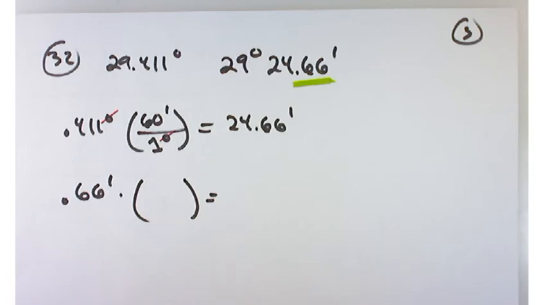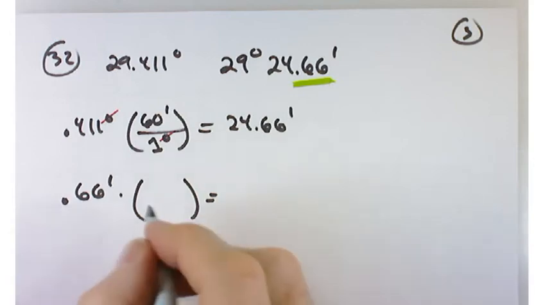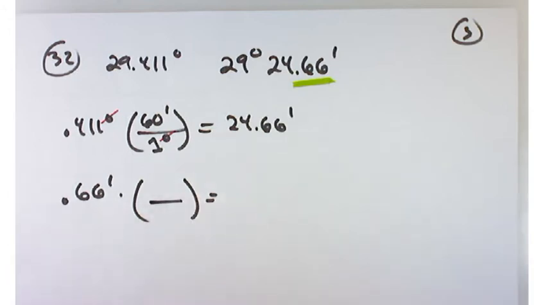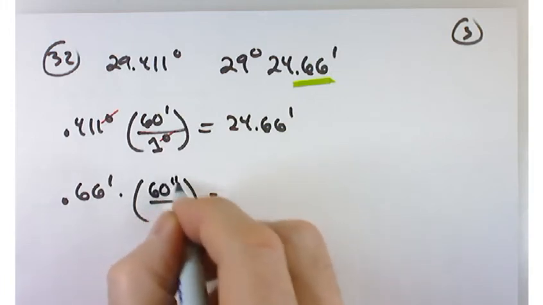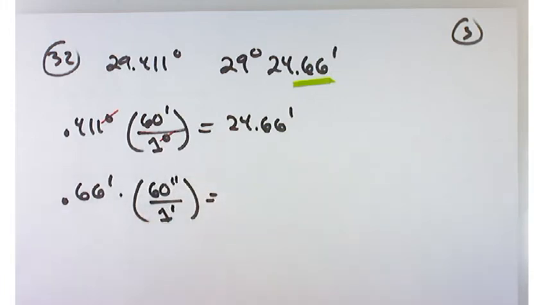This time I want to get rid of units of minutes and end up with seconds. So see if you can figure out, what's going to go where? What fraction am I going to use here? Taylor? Perfect. 60 seconds over 1 minute.